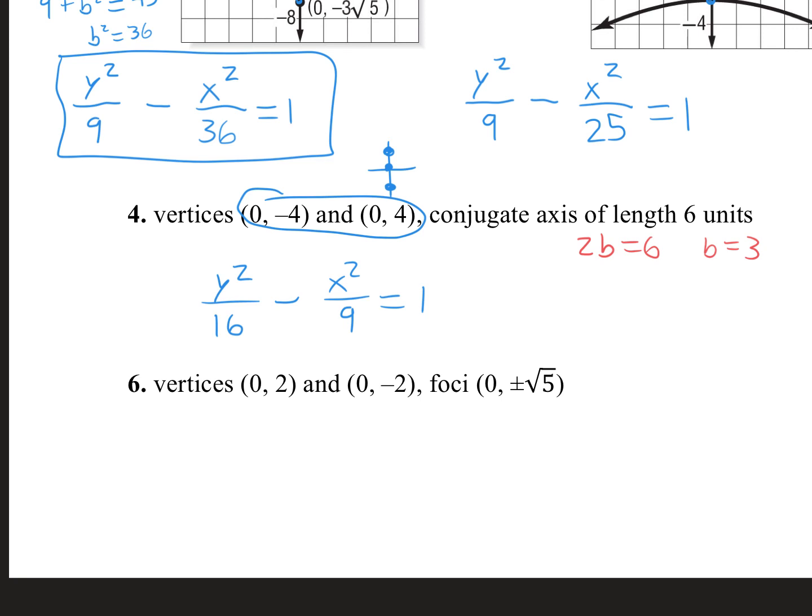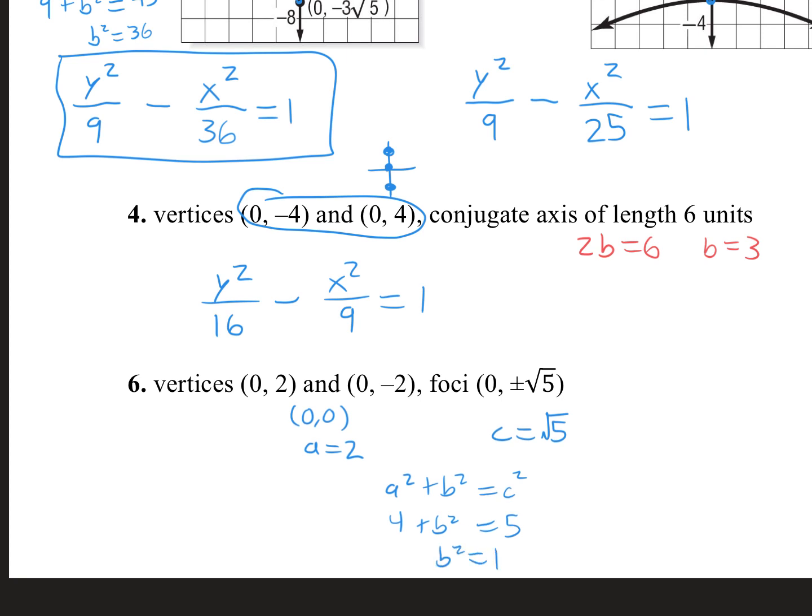All right, center of these 2 points is 0, 0. We can see how far away the vertices are. So that's our a. Over here, the foci is rad 5 away. So let's do this formula first. 4 plus b squared equals 5, so b squared has to be 1.